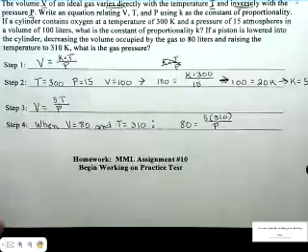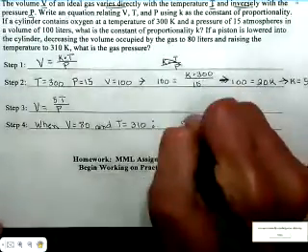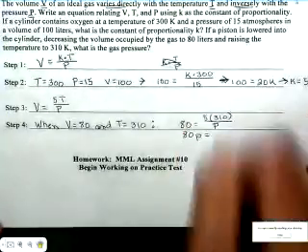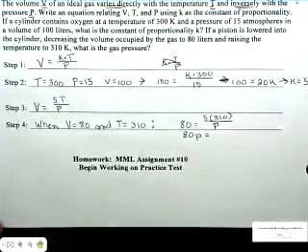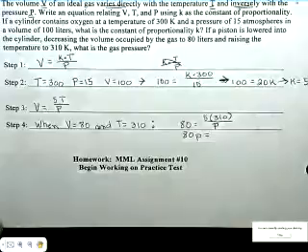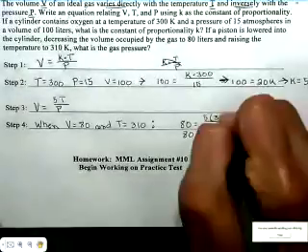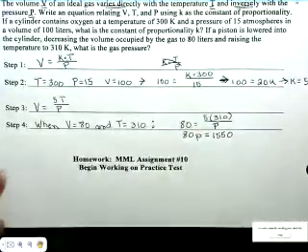First, you'd have to clear out the fractions, multiply both sides by P. And you could go ahead and multiply the 5 times 310 is 1550. And then divide both sides by 80.